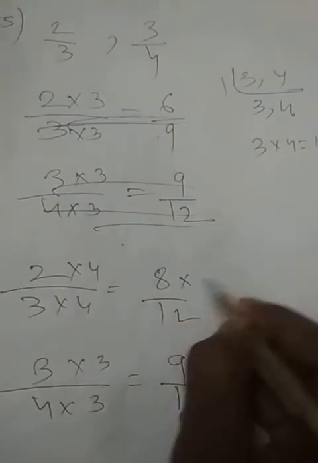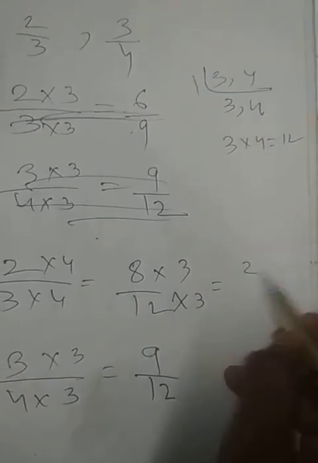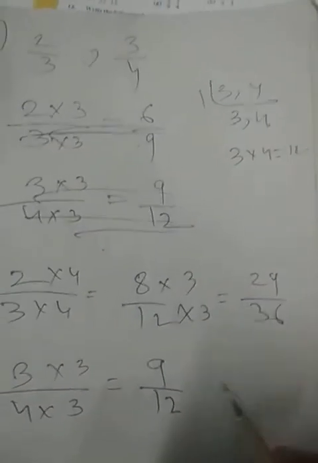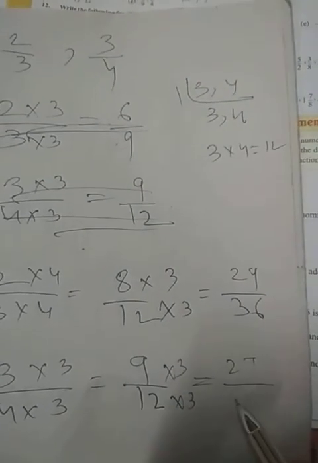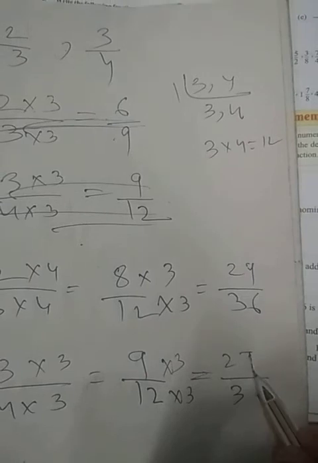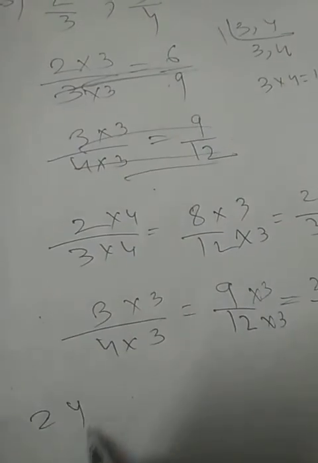I am changing that again, multiplying by 3. You can multiply by any number. Now between 24 and 27, 3 fractions are not there. So again I am increasing that.